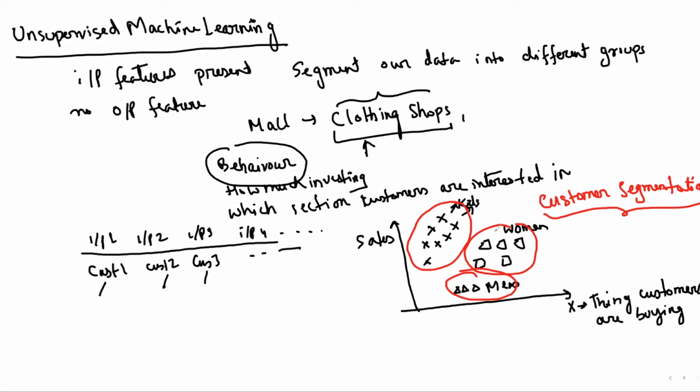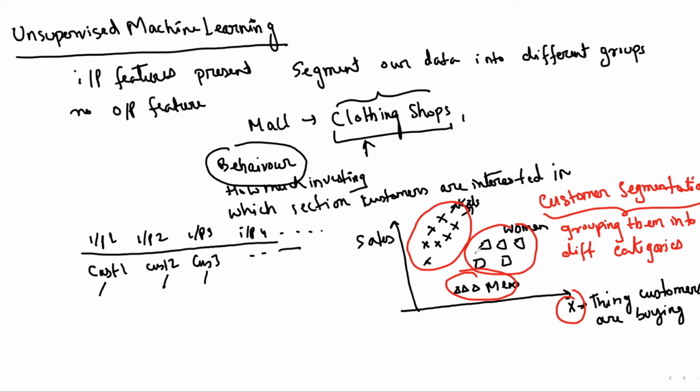So basically we are grouping them into different categories, based on their inputs. So based on their buying capabilities, based on their buying interests, we are categorizing them in different groups, right?